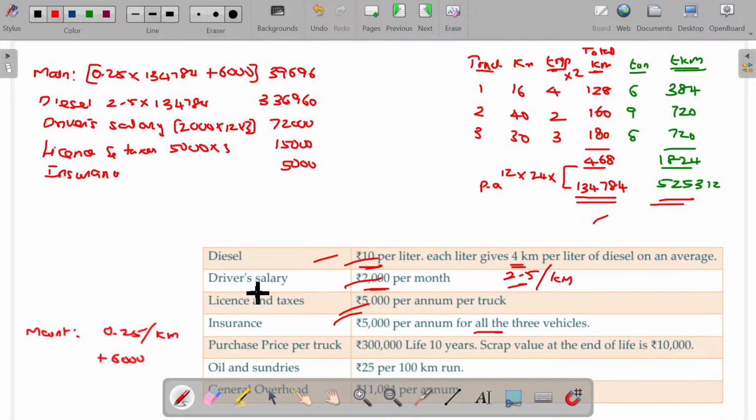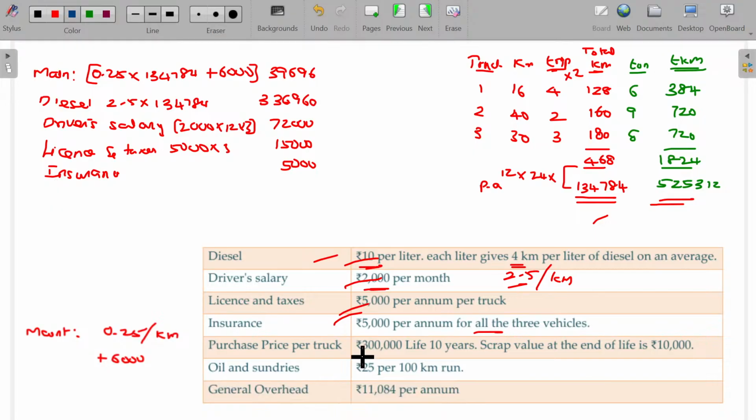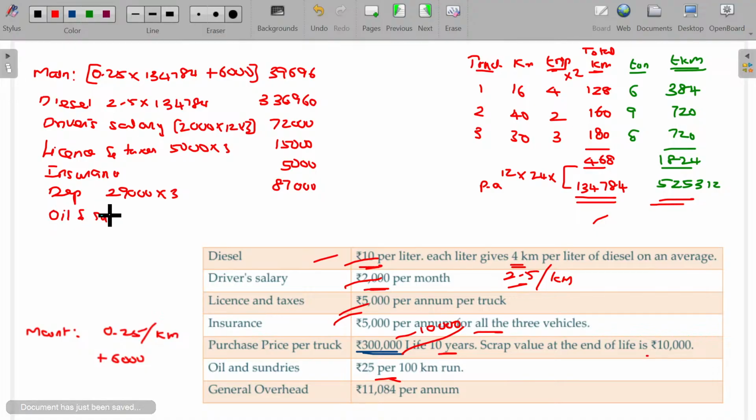Purchase price per truck: 3 lakhs, life being 10 years, scrap being 10,000. So 3 lakhs minus 10,000 divided by 10 years is the depreciation of the asset: 29,000 per truck into 3 trucks, 87,000 rupees. Oil and sundries: 25 per 100 kilometers, otherwise 0.25 per kilometer into 1,34,784 kilometers.